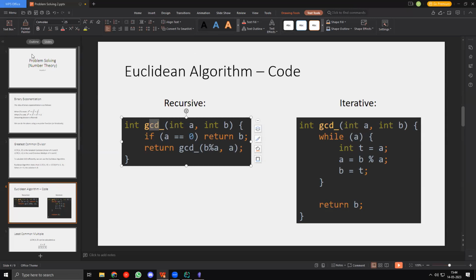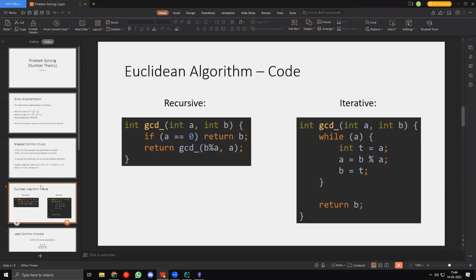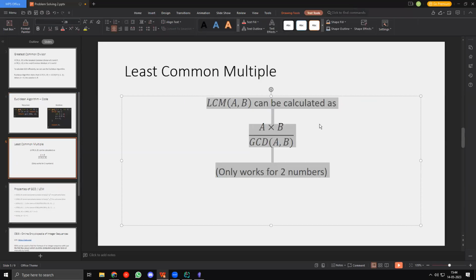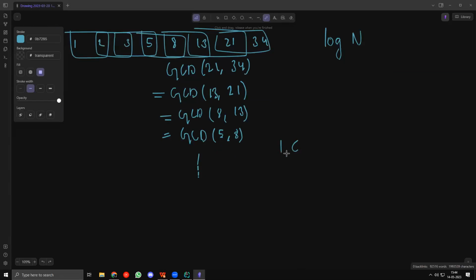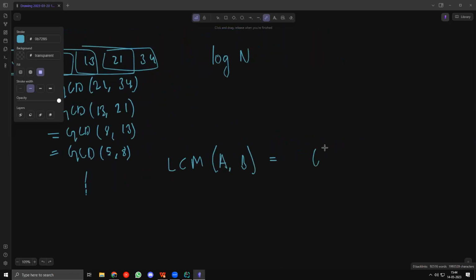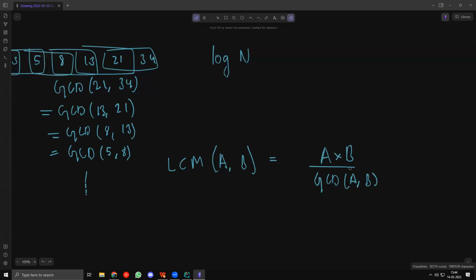Cool. So the next thing that we are going to be discussing is least common multiple. Now, LCM is very nice because if you take LCM of A comma B, this is simply equal to A times B divided by GCD of A comma B. I'll discuss the proof of this in a minute.